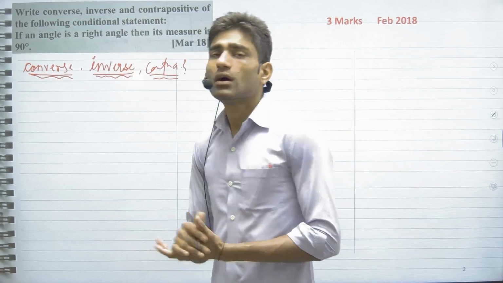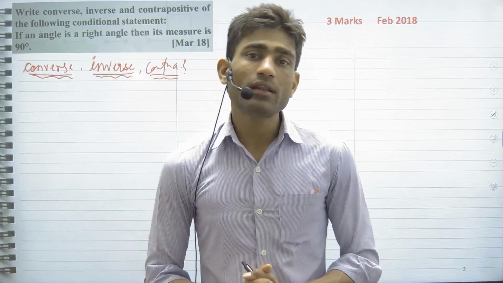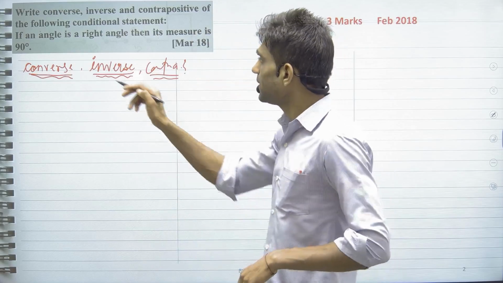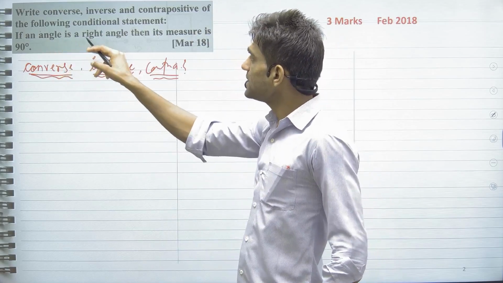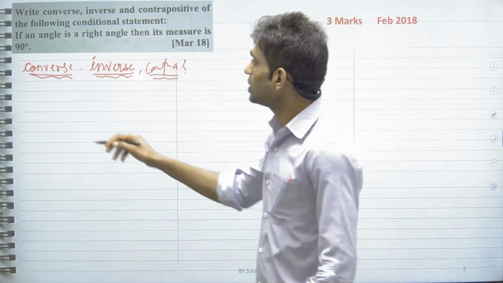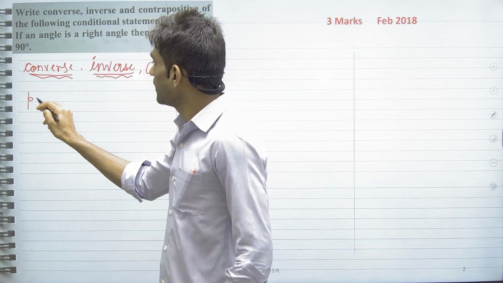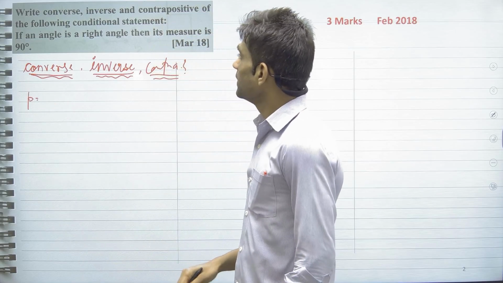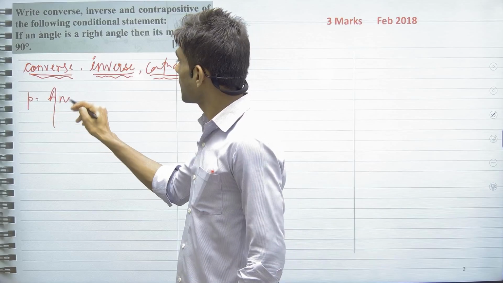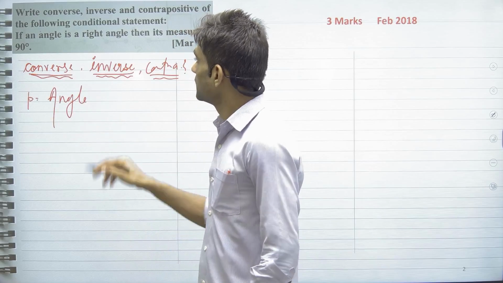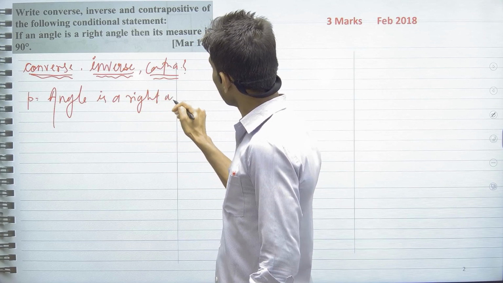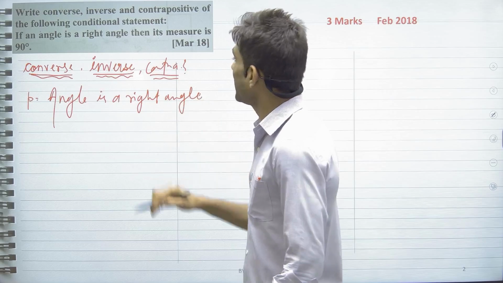So first of all, separate these 2 different statements and take them out from the conditional statement. We have the conditional statement: if an angle is a right angle, then its measure is 90 degrees. Consider the first statement as P. Statement P, I consider here, is angle is a right angle.